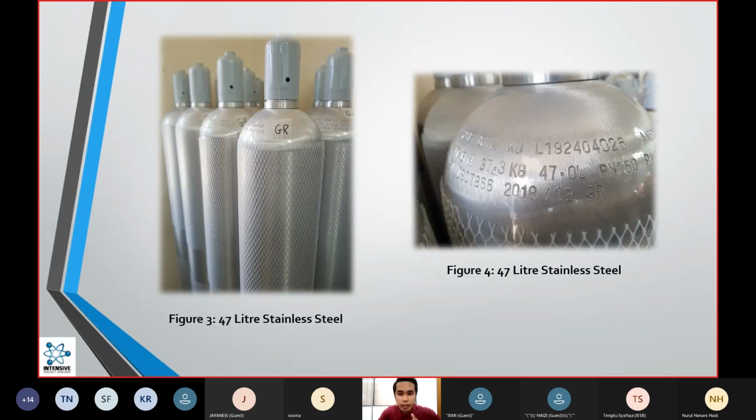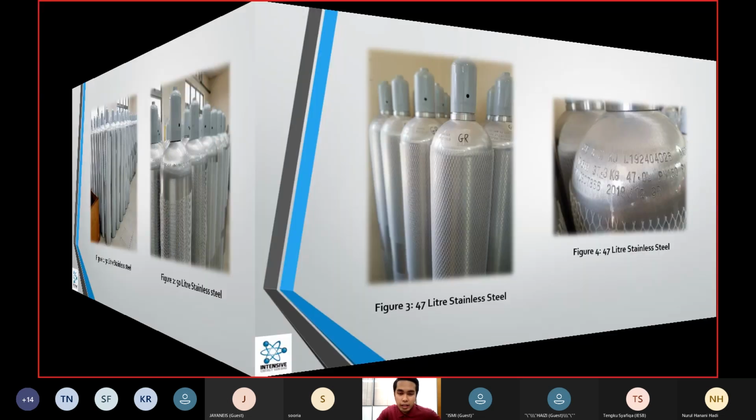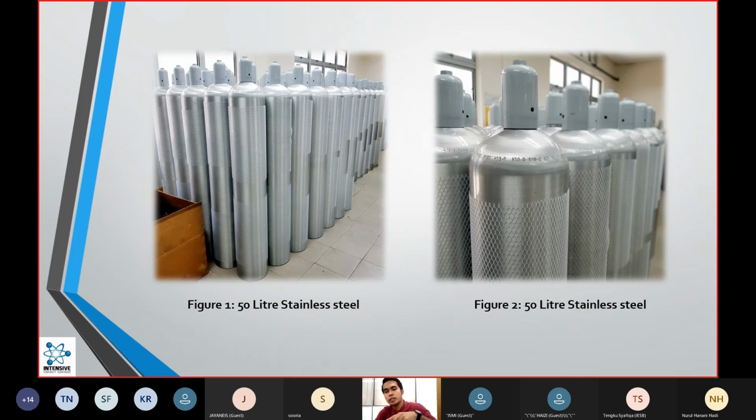If you can see at figure 4, how you want to know the volume of the gas cylinder, you can see in figure 4 where it states 47.0 liter. That means this cylinder is 47 liter. Same goes for this 50 liter. If you want to see the volume, you can see figure 2 where it states volume 50.0.